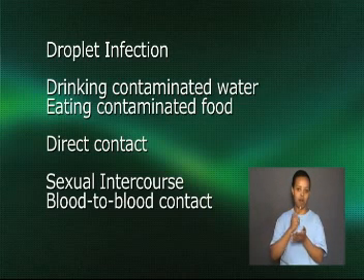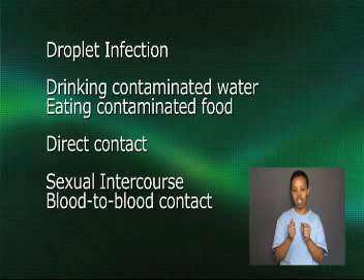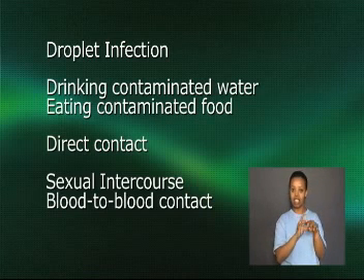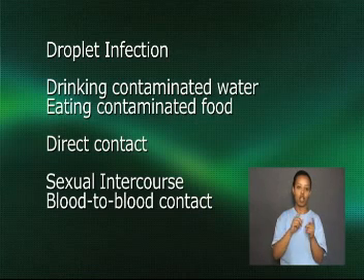There are many sexually transmitted diseases, and they can be passed in different ways, including direct contact, saliva, and semen or vaginal fluids. Blood-to-blood contact is another route of transmission that passes along diseases, including many sexually transmitted diseases as well.